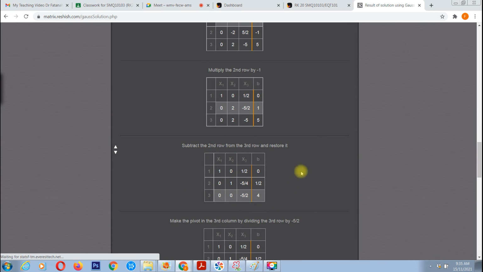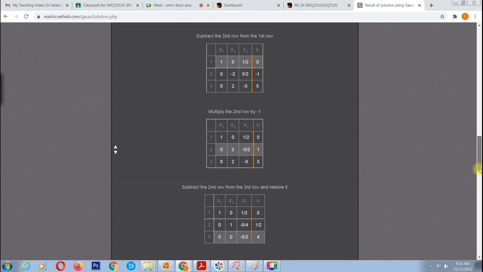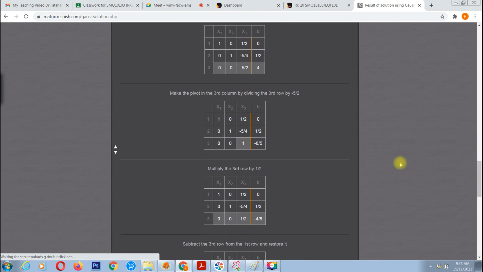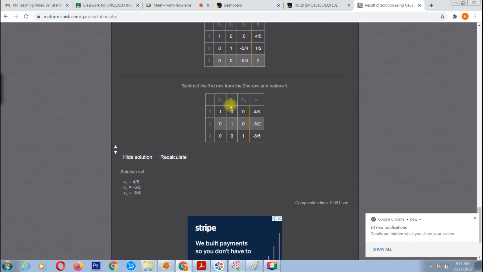This is the correct solution, or they label it like this. This is the operation inside, and then you will get 1 and they find until this, so you get this equation.